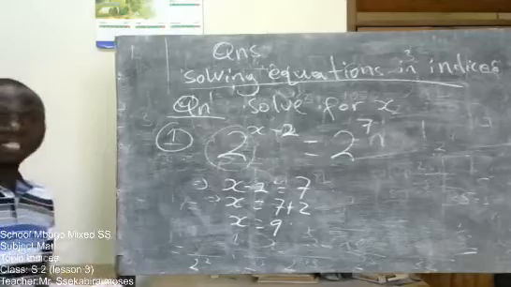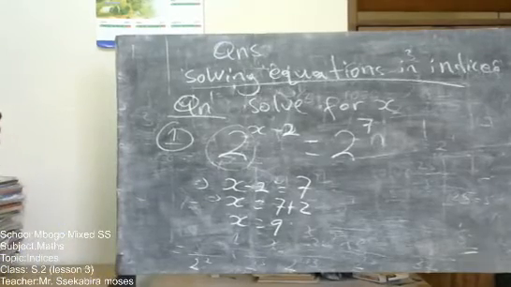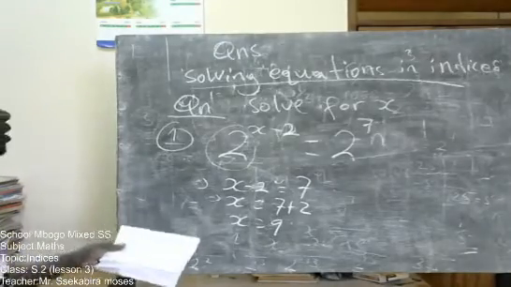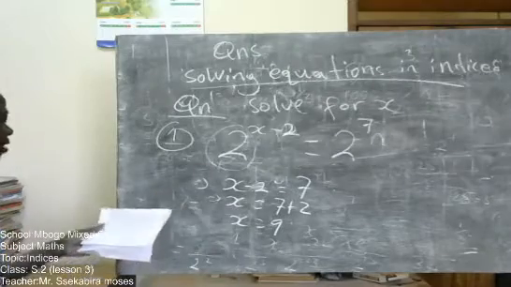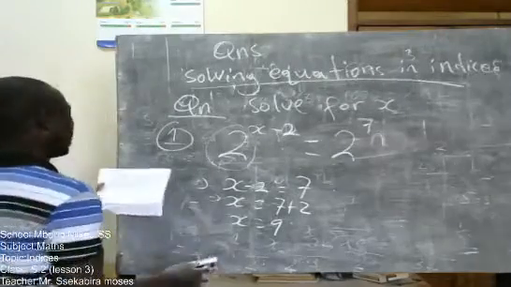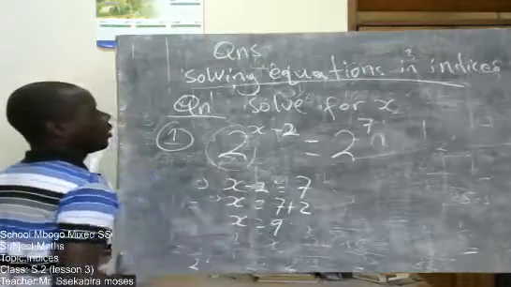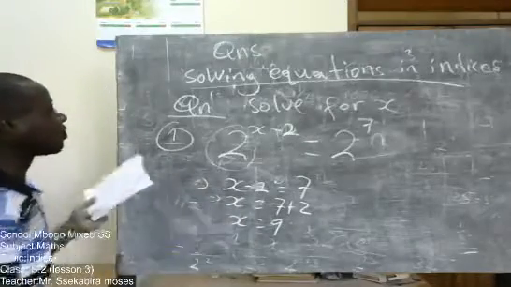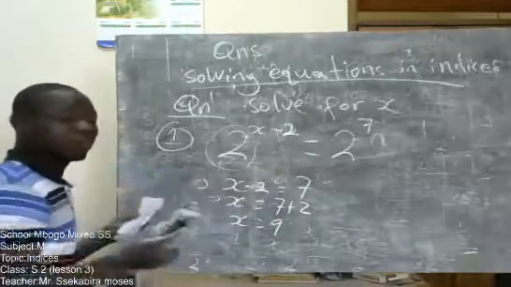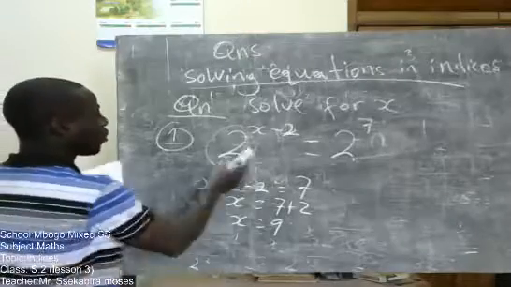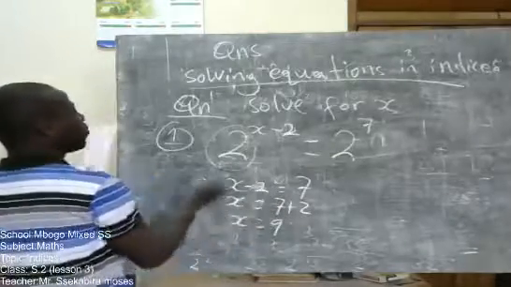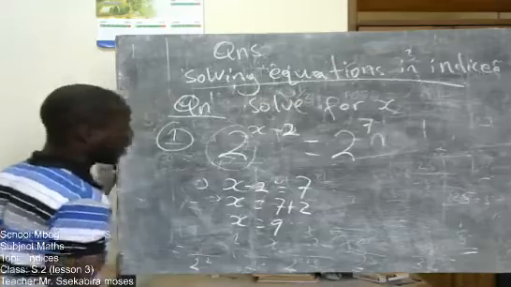So we have solved that question by applying the concept that when the bases are equal on both sides, even the powers are equal. But before you apply it, make sure that the bases are prime numbers. 2 is a prime number, 2 is a prime number. Are we together?